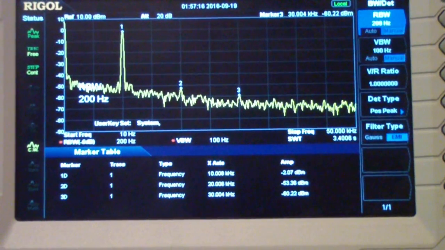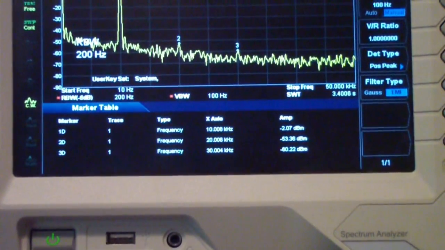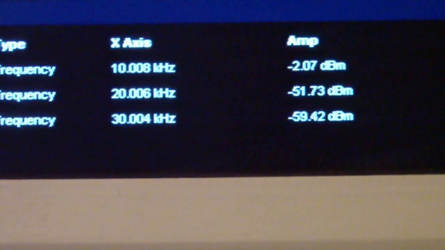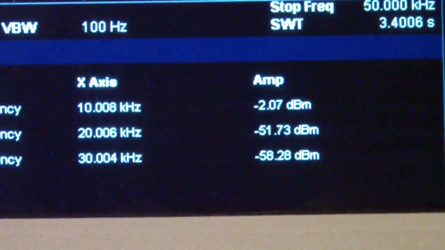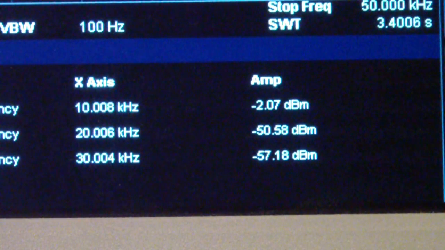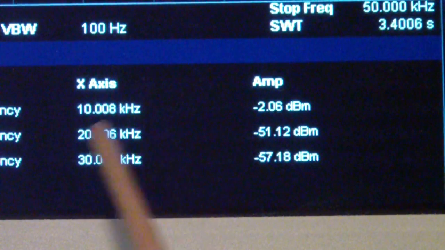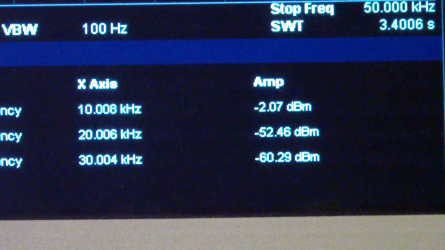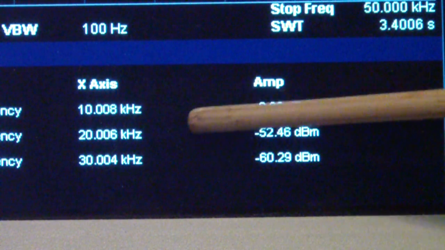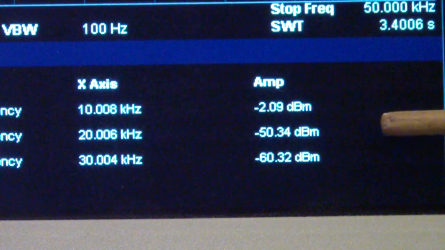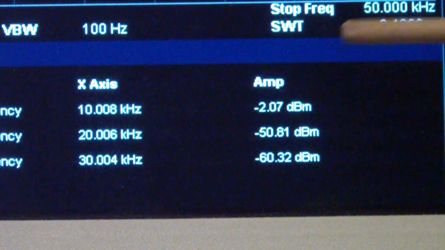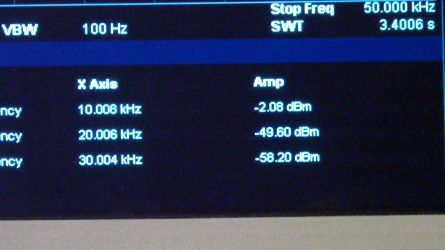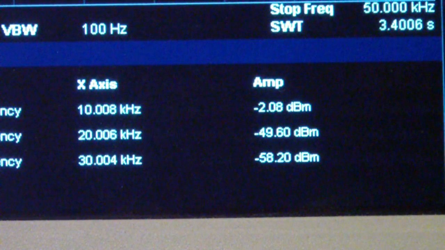And then in the table below, it's called a marker table, you may notice that it shows that at 10 kilohertz, the fundamental, we're about -2 dBm. At 20 kilohertz, the second harmonic, we're about -50 dBm. And at 30 kilohertz, we're about -59 or -60 dBm.